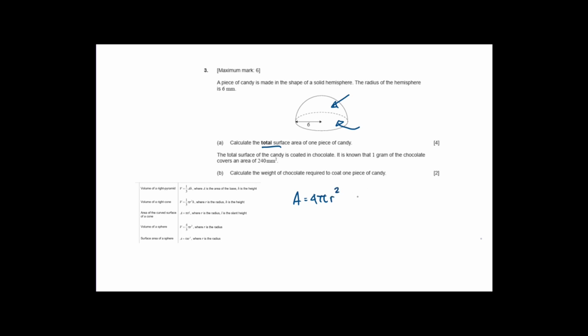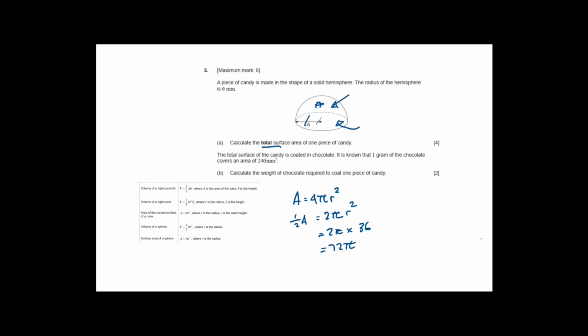But hemisphere is obviously going to be half of that. So half of the area of a sphere is going to be 2 pi r squared, which is going to be 2 pi times 6 times 6 is 36. So it's going to be 72 pi is going to be the area of this dome bit here.